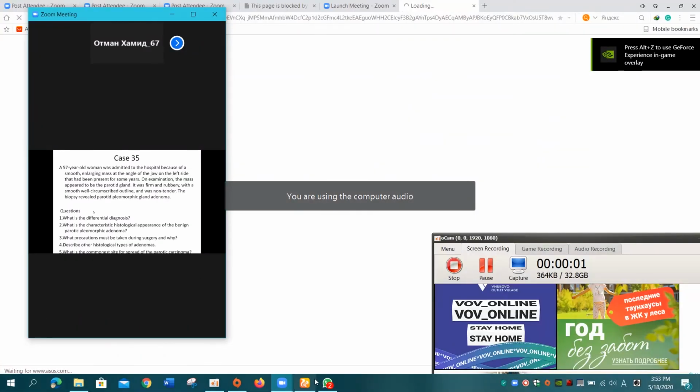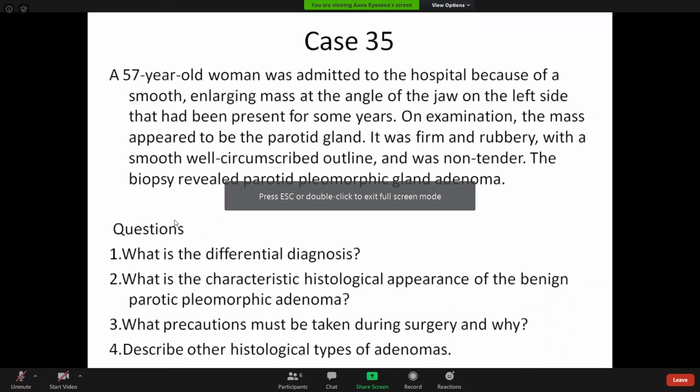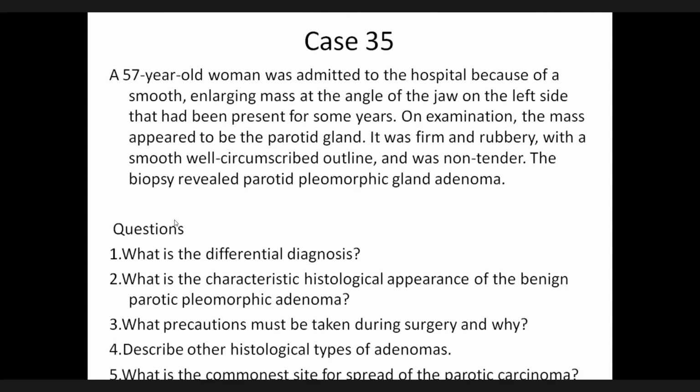Questions. What is the differential diagnosis? Maybe adenoma, benign, or malignant adenocarcinoma. Why? Parotid pleomorphic gland adenoma. In the biopsy, it's benign adenoma. Maybe we can see adenocarcinoma.